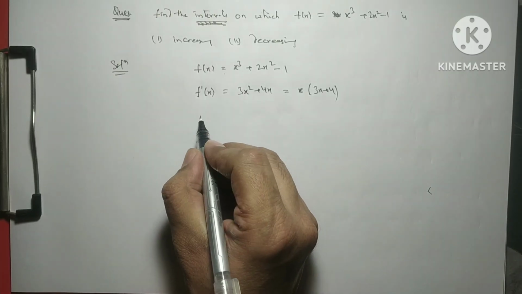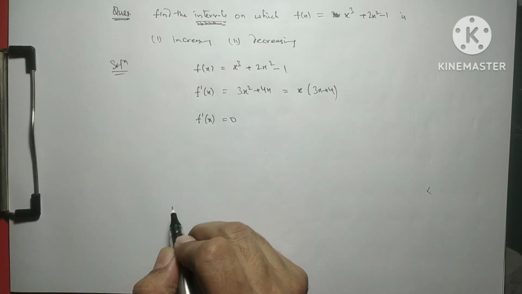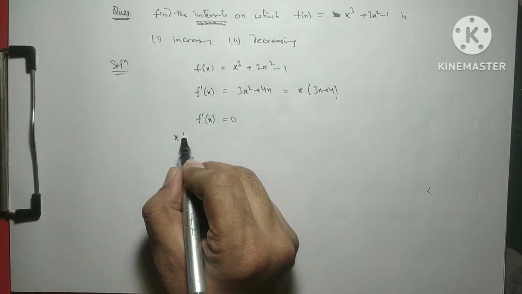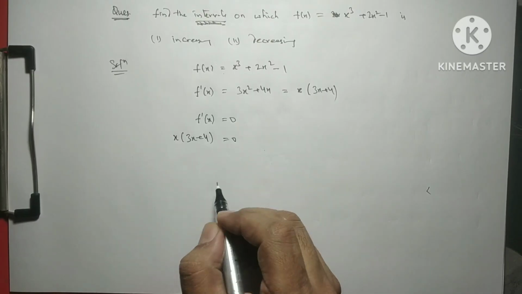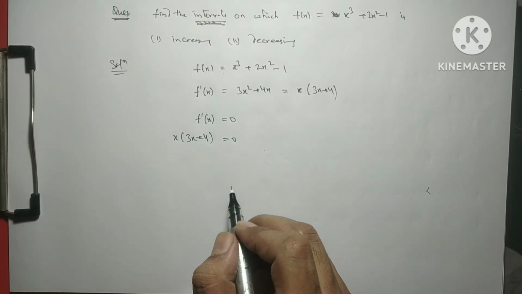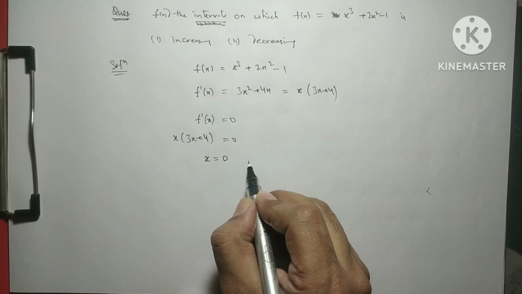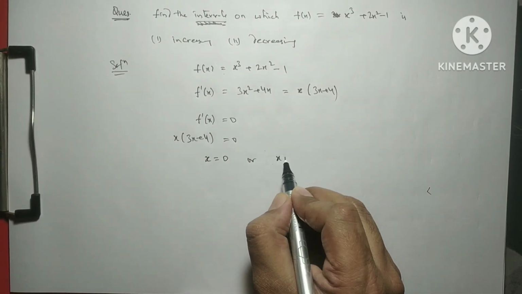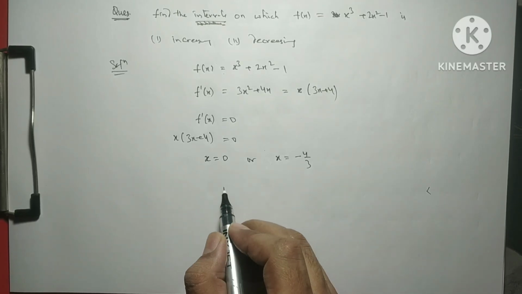Next we put f dash x equals 0, so x into 3x plus 4 equals 0, and we will obtain the values of x. There will be two values, x is 0 or x is minus 4 by 3. So these are two terminal values.